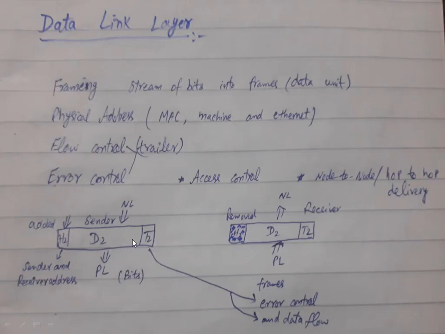And here you can see the trailer is added. The trailer handles error control and data flow, in which direction the data will flow, and if there is an error while sending the data, it is handled by the trailer.